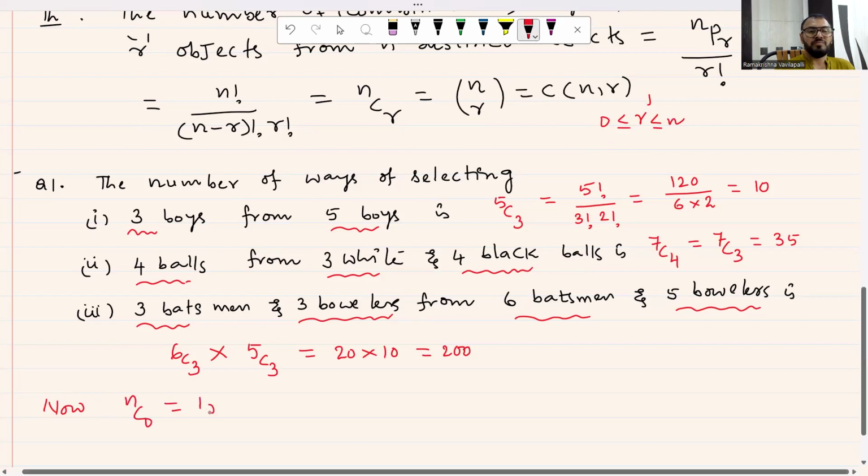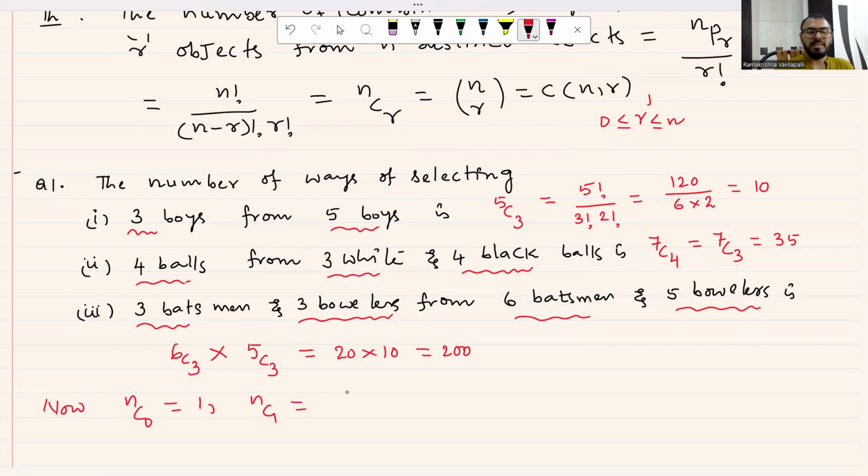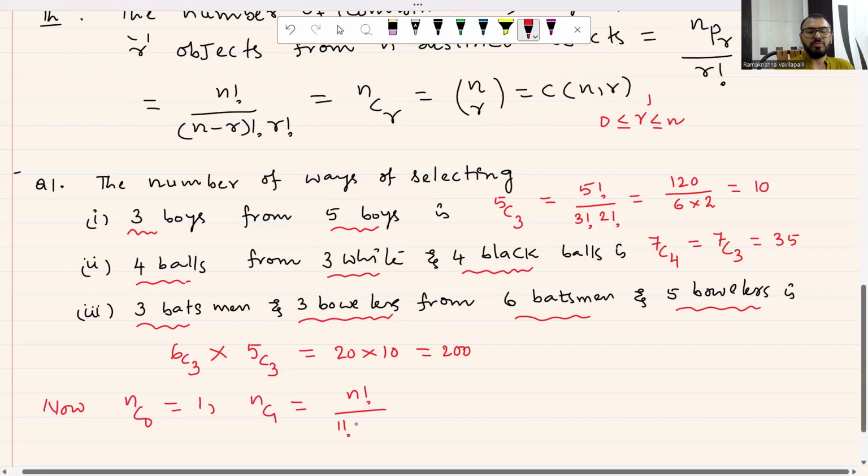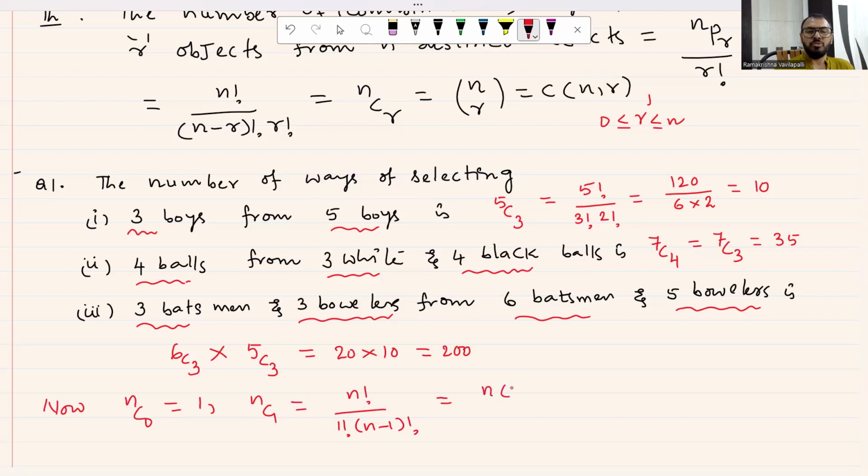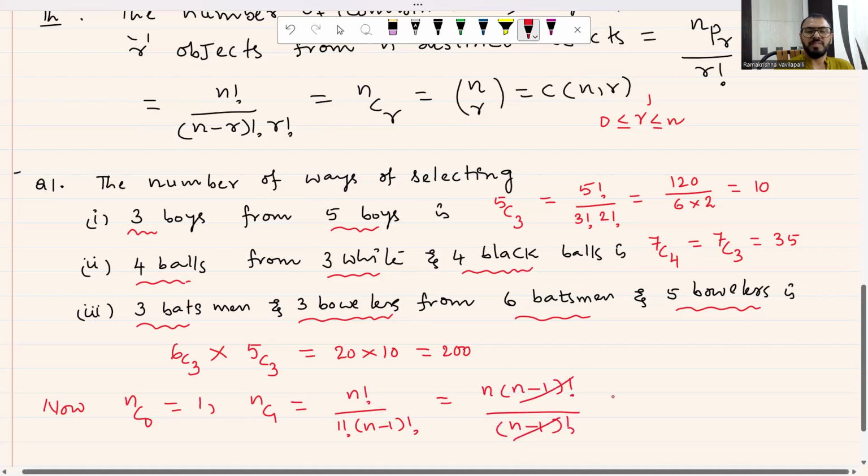nC0 is 1. What is nC1? This is n factorial by 1 factorial into n minus 1 factorial. So n factorial means n into n minus 1 factorial by n minus 1 factorial. Cancel. This is equal to n. All right.